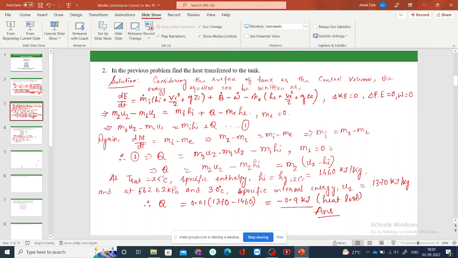That is why we are writing the equation for the unsteady change in the energy. In the previous class we were considering that this value is 0, hence the right hand side we were considering to be 0, and we were solving. In this class, since it is an unsteady process, the energy is changing, right? Both energy and mass are changing with time. So the equation becomes this.